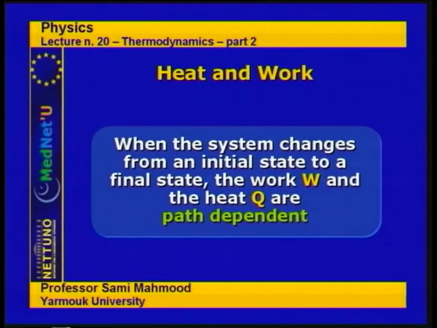When the system changes from an initial state to a final state, as we mentioned, the work W done by the system and the heat Q absorbed by the system, both are in general path dependent. They depend on which path we took in changing the state of the system from the initial state to the final state.